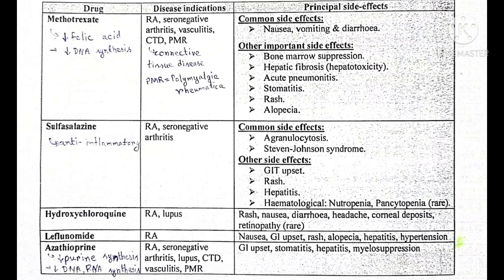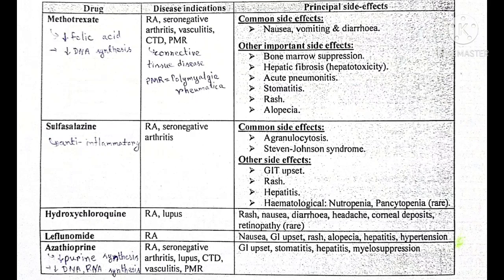Example of DMARD. Drugs such as methotrexate, it acts by decreasing the folic acid production and by that decreasing the DNA synthesis.